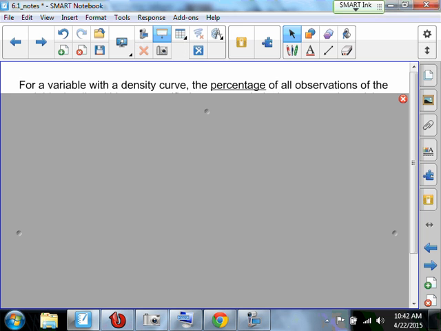So here comes key fact number 2. Key fact number 2 is that for a variable with a density curve, and I had to read this about 6 times to understand what they were saying, and I tried my best to highlight what the point of this is.